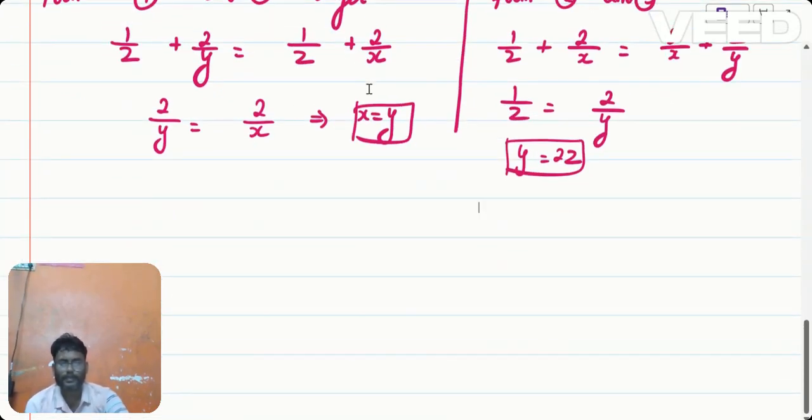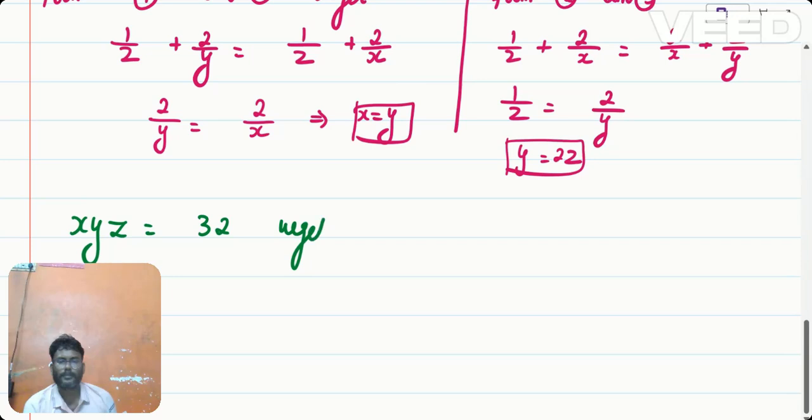Substituting this in the volume, xyz equal to 32, with x equal to y and z equal to y by 2.